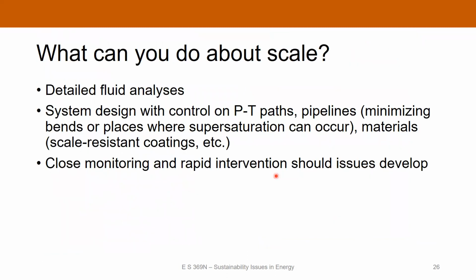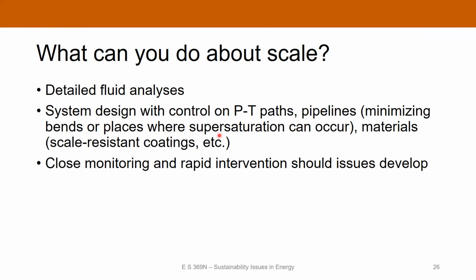So to alleviate scale problems like that, you can do detailed fluid analyses, do a very careful system design with carefully controlled pressure temperature paths, so that you're minimizing places where there are sudden pressure drops or supersaturation.